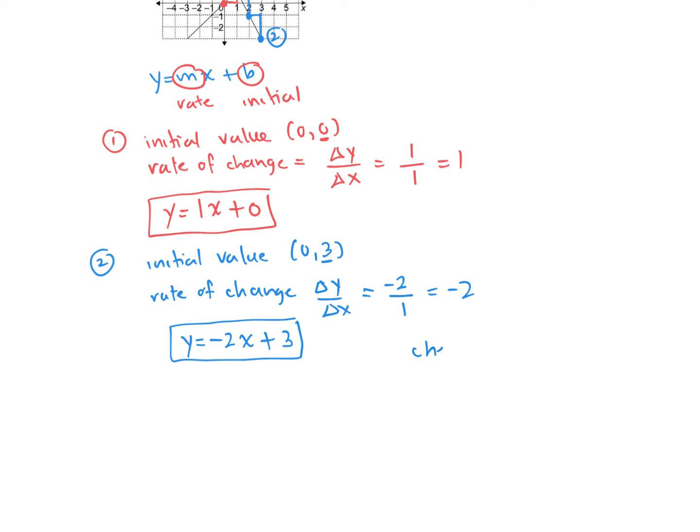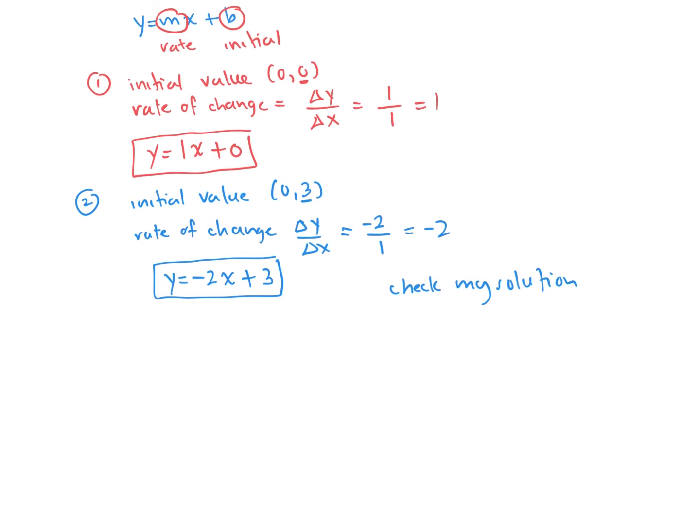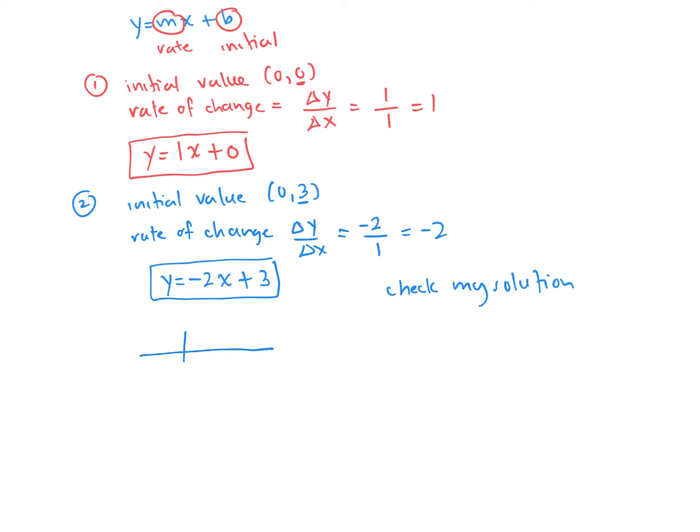So now I can check my solution in both of these equations to see if it is correct. So this equation is y equals -2x plus 3. And this equation was y equals 1x plus 0.